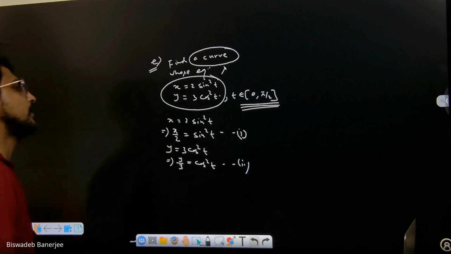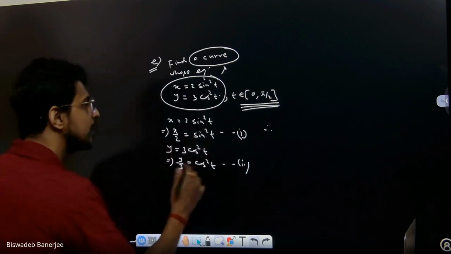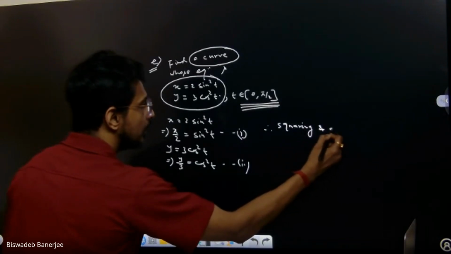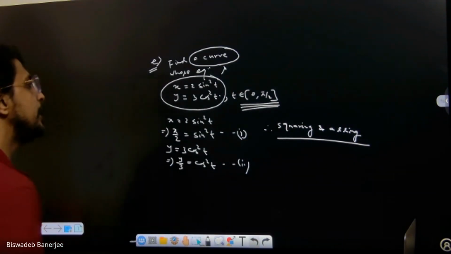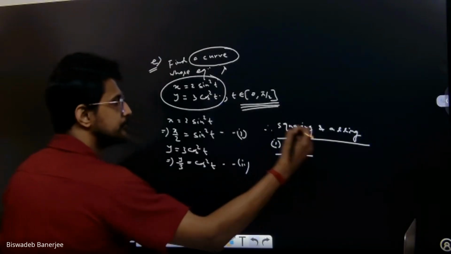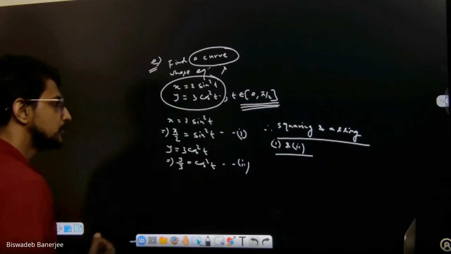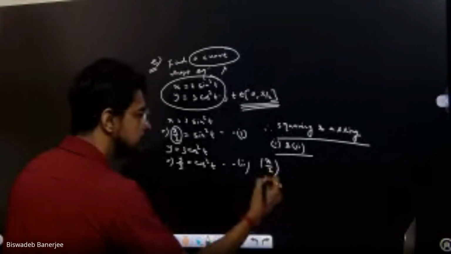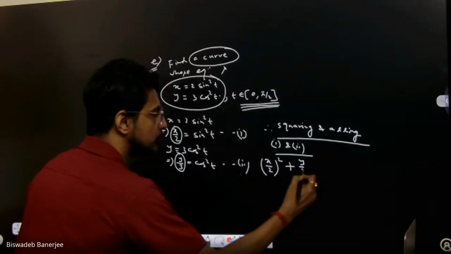Then what? Squaring and adding 1 and 2. Simply take square and add. If we take square, this will be x by 2 whole square, and adding, y by 3 whole square.